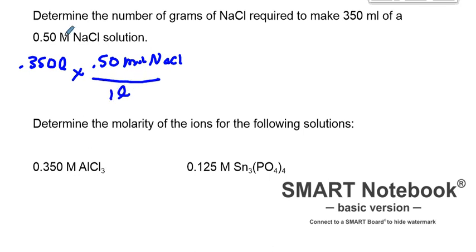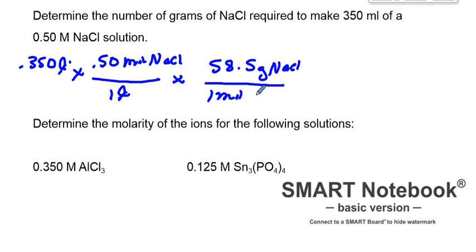And again, that capital M stands for moles per liter. Now I've got moles, because I can cross off my liters. I've got moles, and I just need to go from moles to grams, again, which we've done a lot this year. So I'm going to multiply that by 58.5 grams of NaCl over 1 mole of NaCl.